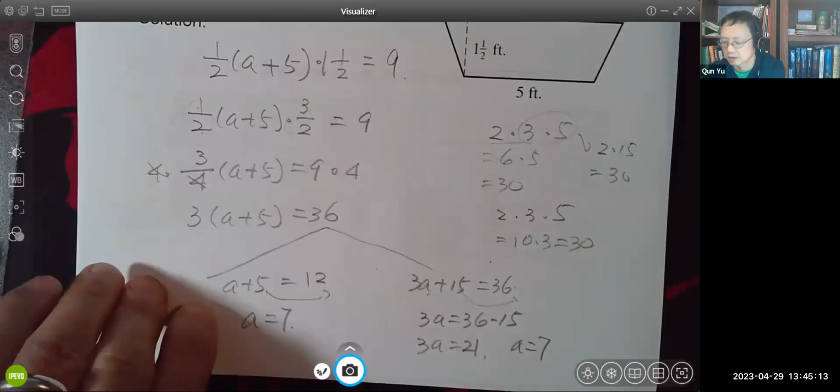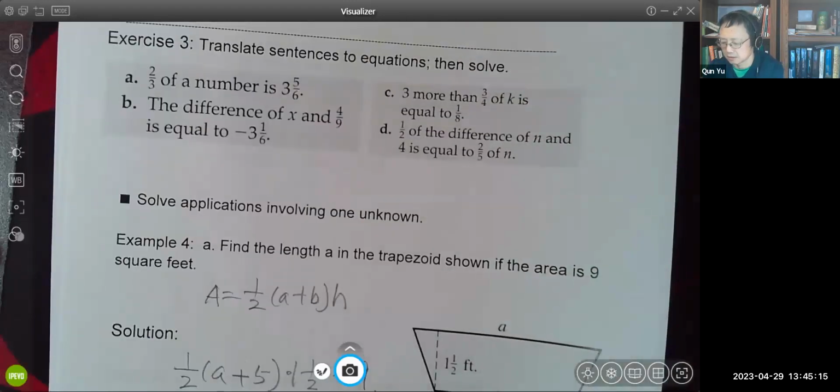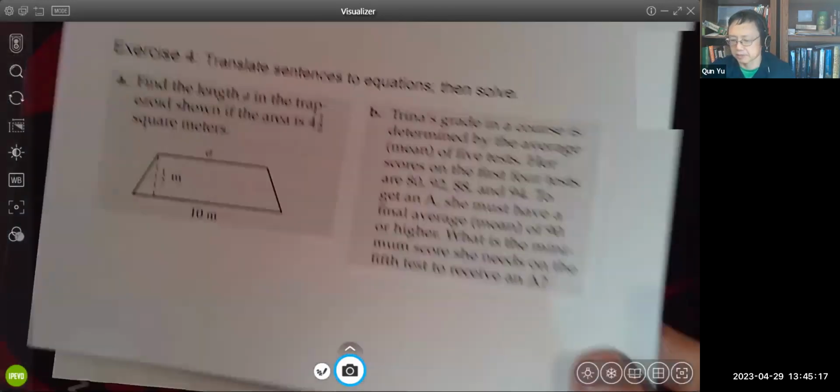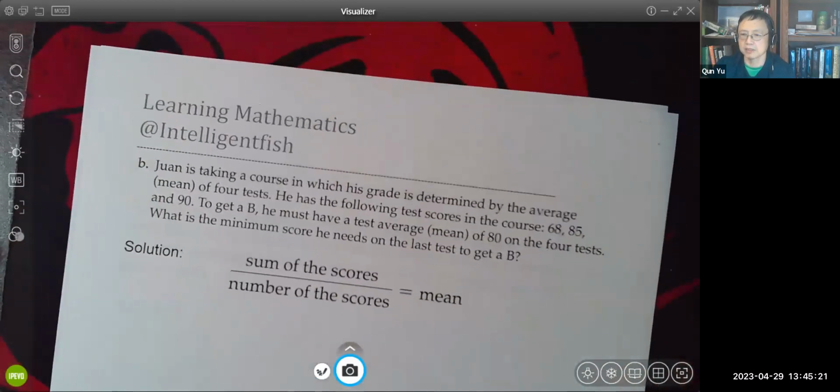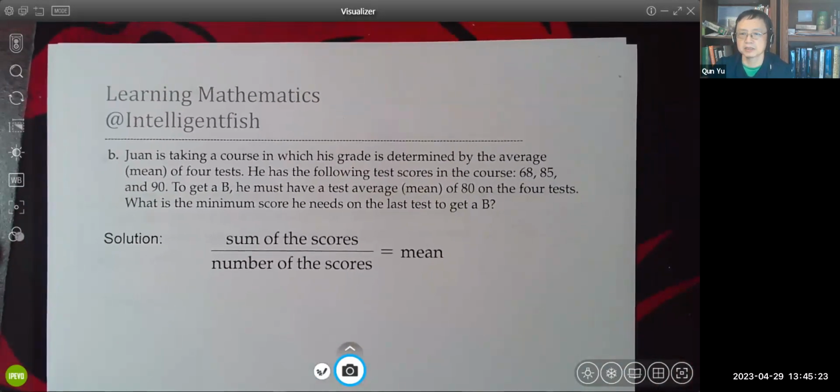Let's look at our next page. So we get another example application problem here. One is taking a course in which his grade is determined by the average, which is also called the mean, of 4 tests.